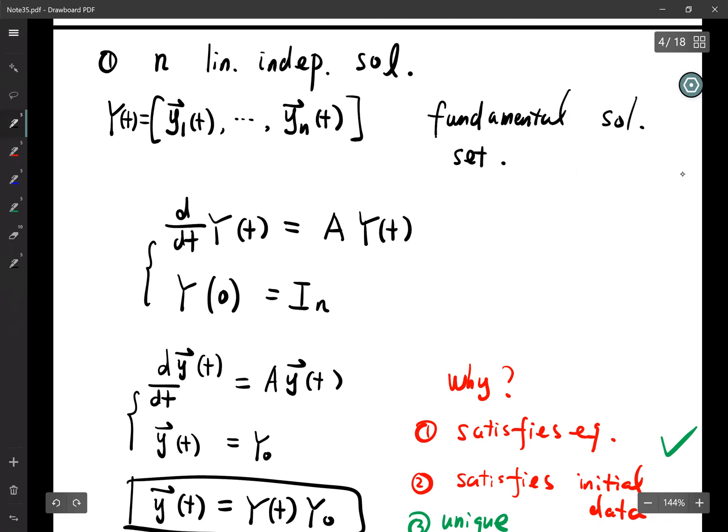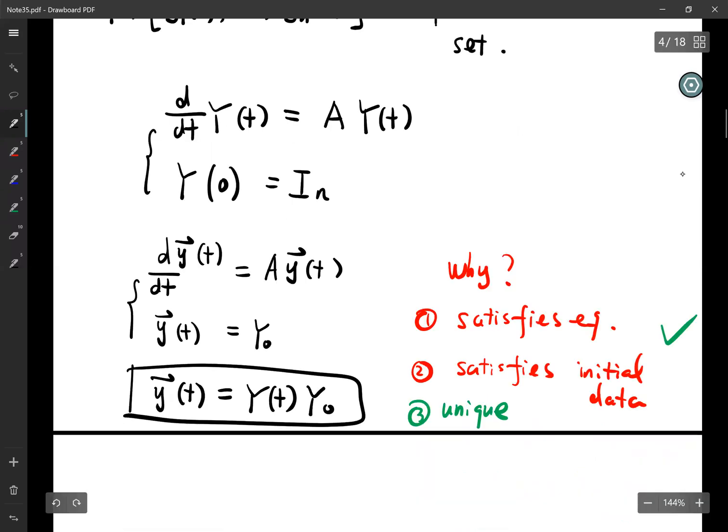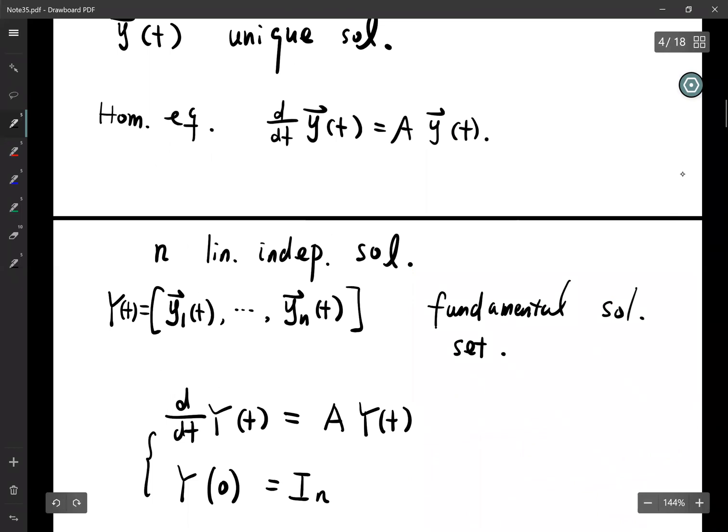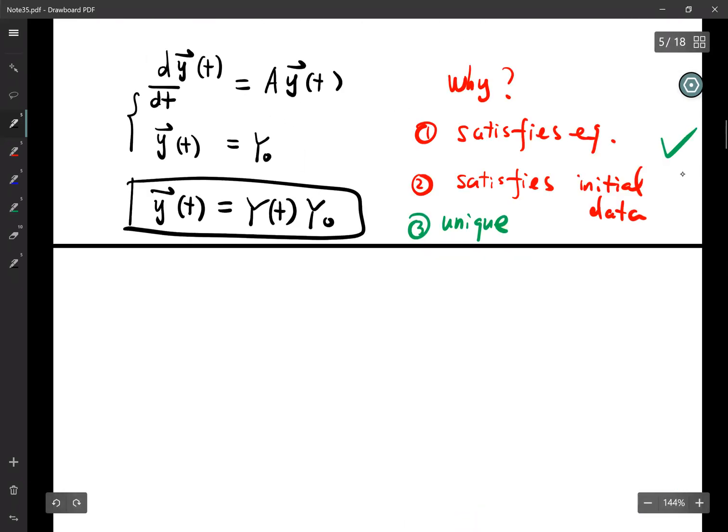Okay, so I'm going to give you further examples to illustrate this. Now let's focus a little bit more on the homogeneous equation, and there's a second point, which is that the Wronski lemma still holds.